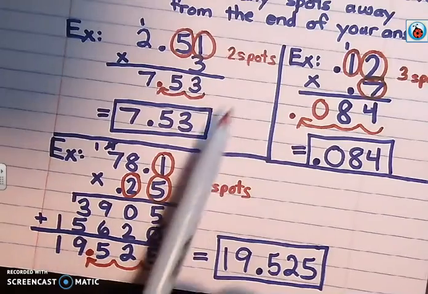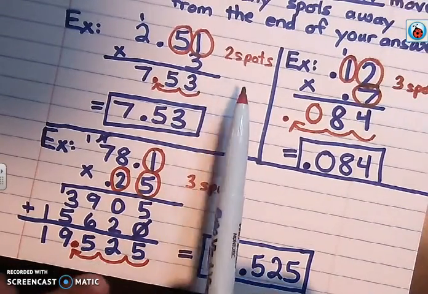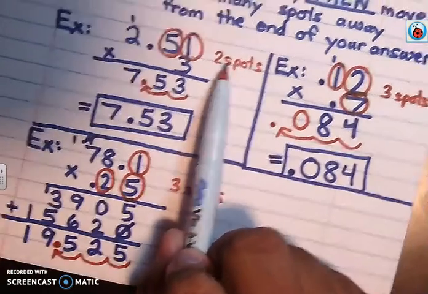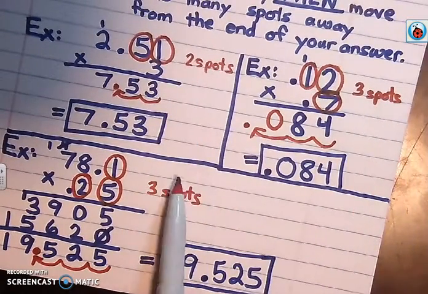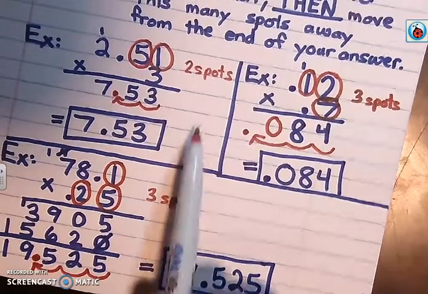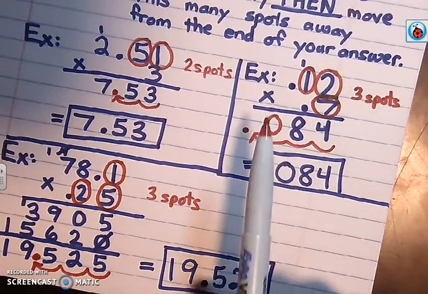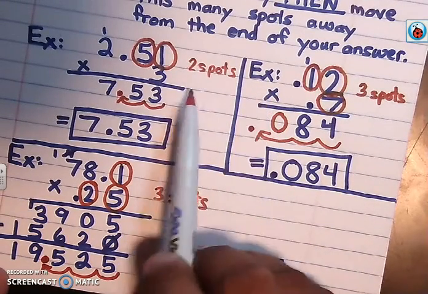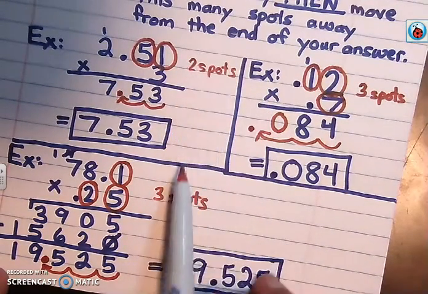Okay, so real quick, are there any students that are confused with why we put 2 spots here, or 3 spots here, or 3 spots here? Do you know where that number is coming from? Yes. Manuel? Where are those numbers coming from, the 2 spots and the 3 spots?